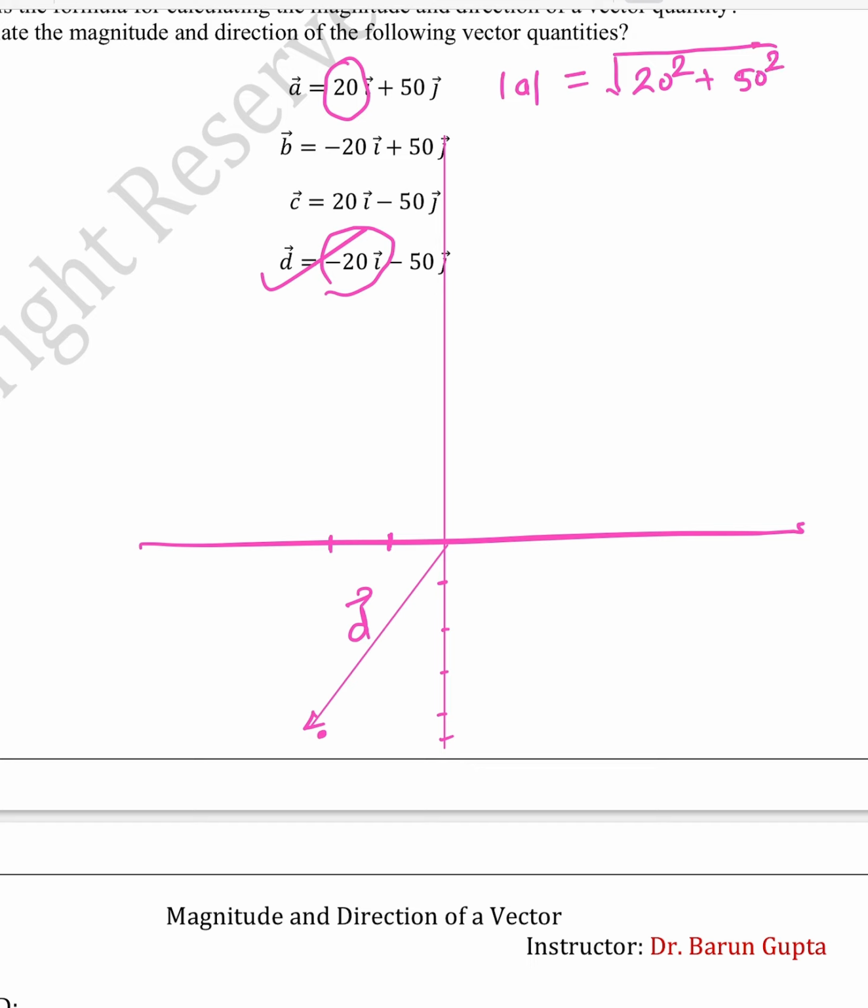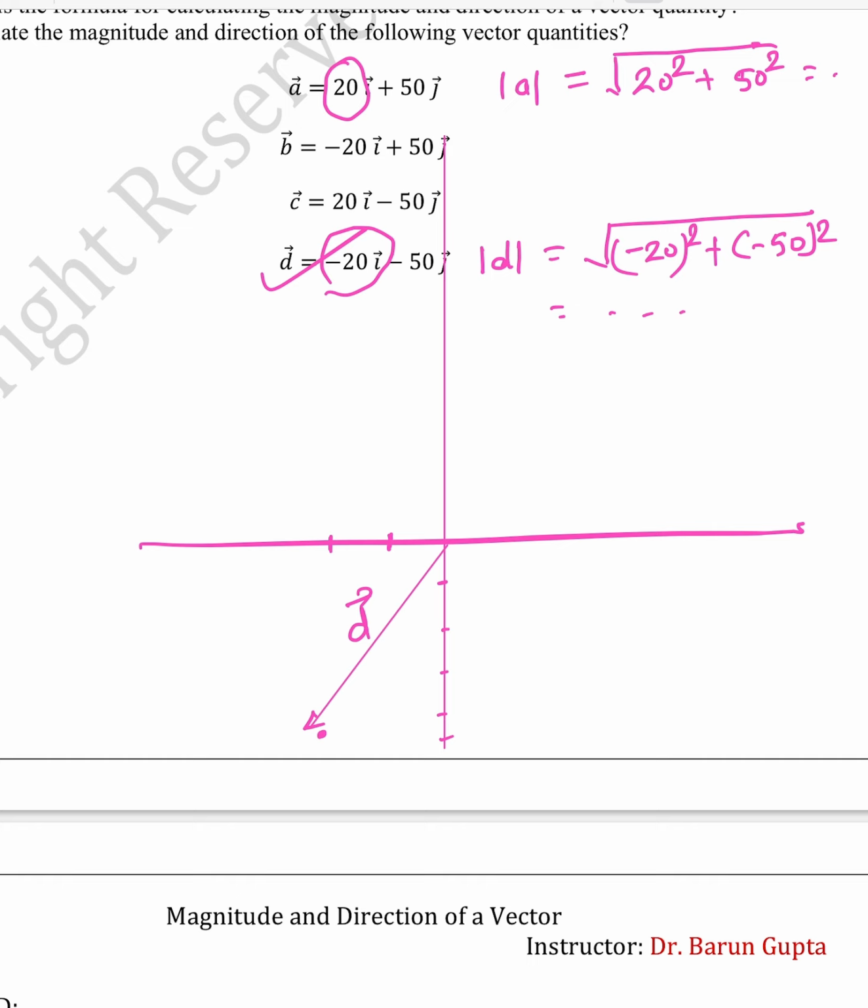Do your math and you will get your answer. In the same way for the d vector, the magnitude will be the square root of negative 20 squared plus negative 50 squared, and you will get your answer. So that is the magnitude. And now how about the direction? For the direction of this one, let's find it out.